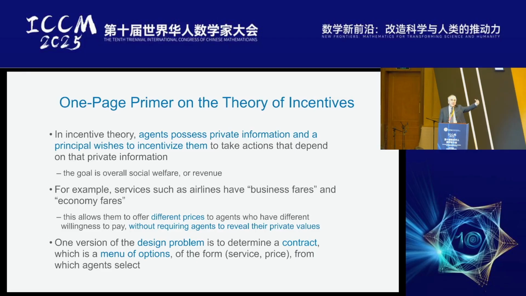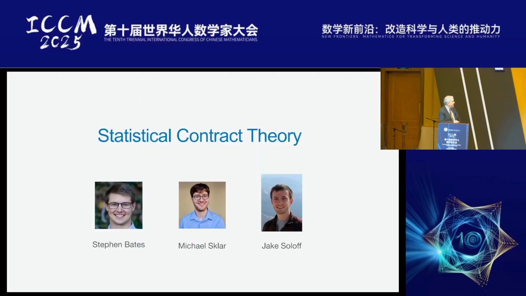And tomorrow they may pick a different option. The menu is designed in such a way that the overall flow of customers and revenue is high. The airlines started doing that at the end of the 1980s, and that saved the airlines from disaster. They were all going out of business because they were not able to fill their airlines. So contract theory is about asymmetric information flow.